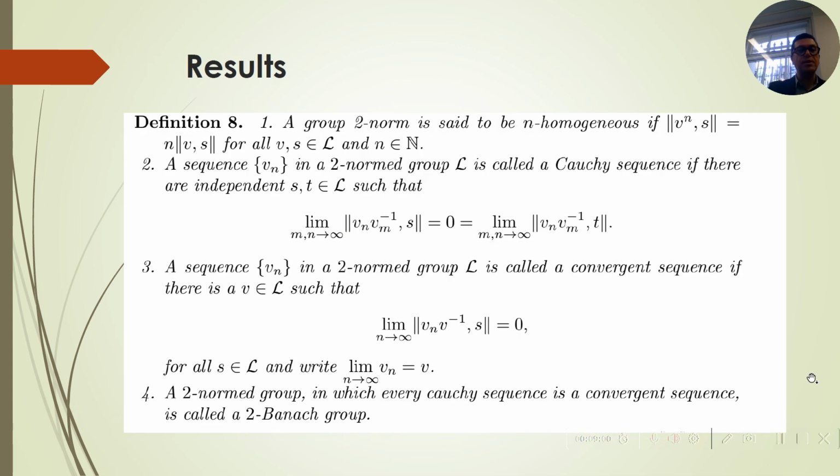There are some results that show interconnection between two-norm groups. For example, this definition, which is a definition of a convergent sequence, and after this, using that definition, we can define two-Banach groups, similar to Banach groups.